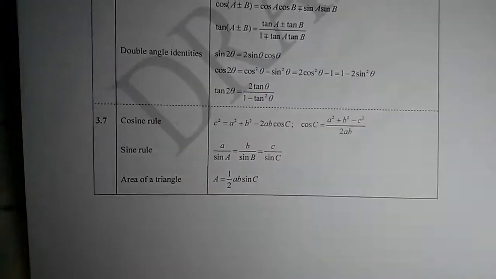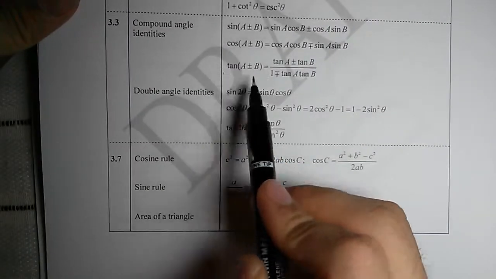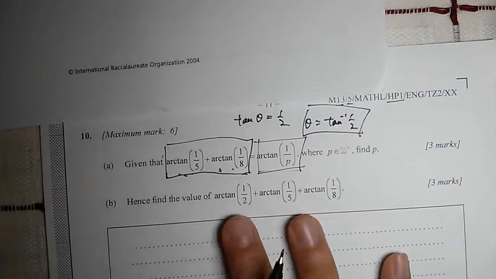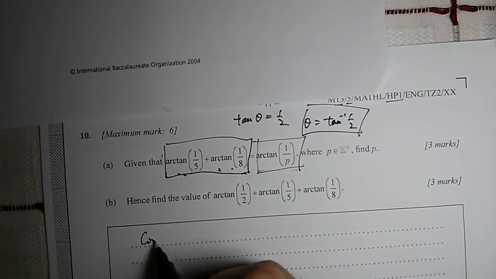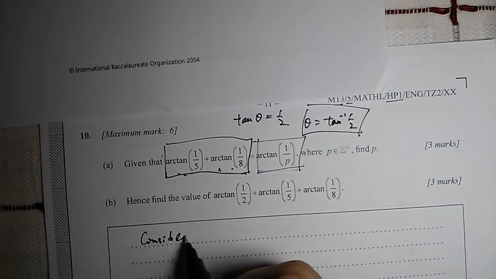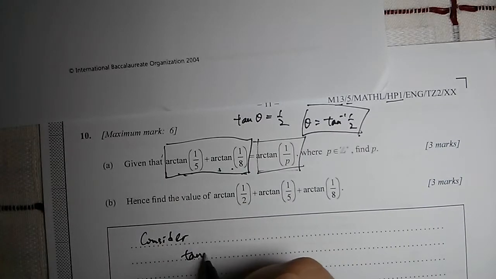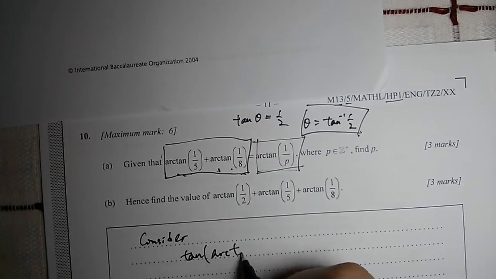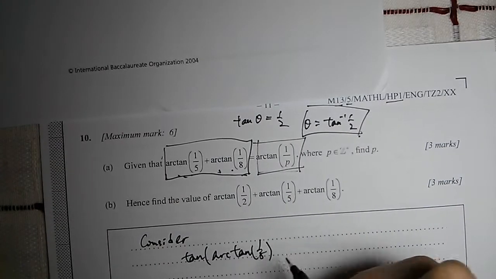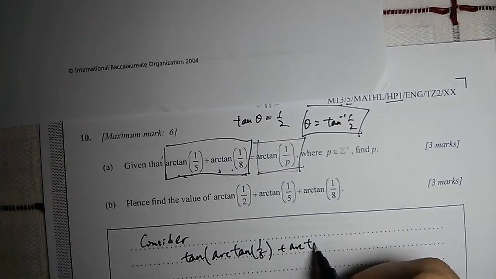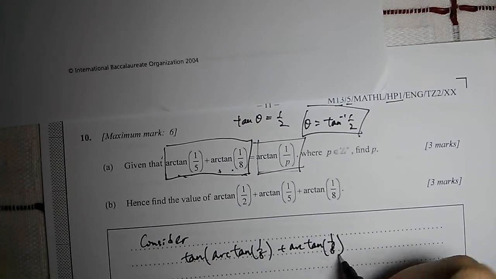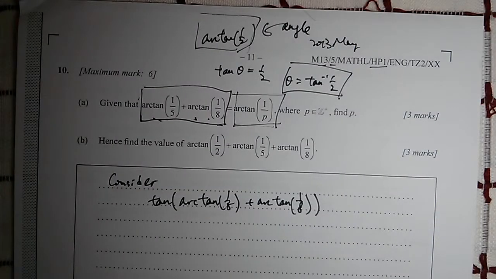Since we're doing tangent, we may as well do the tangent one, the upper one. Something plus something. So we consider tangent of the left hand side, so tangent of the two angles added up. And then we just apply the formula.